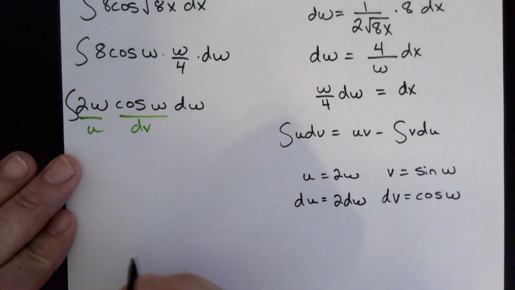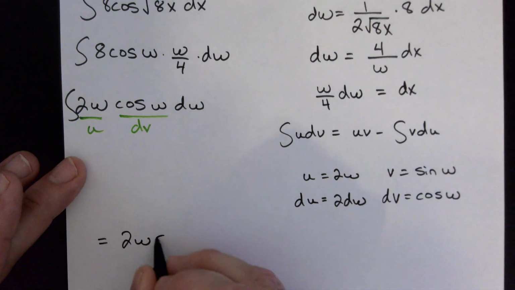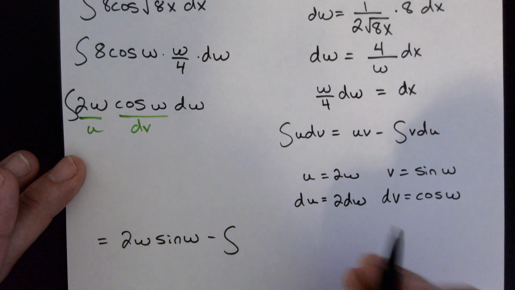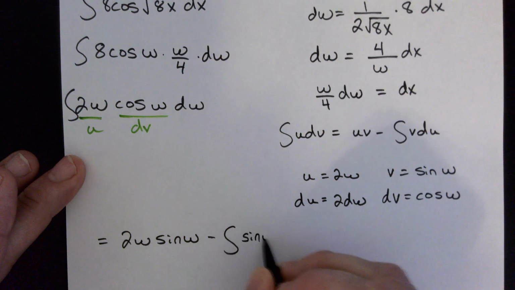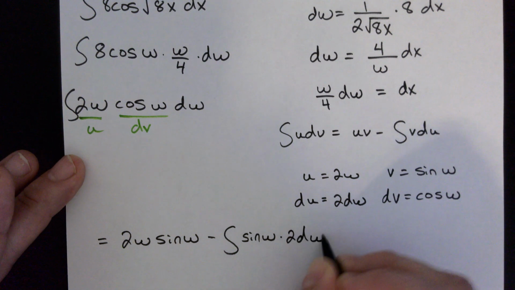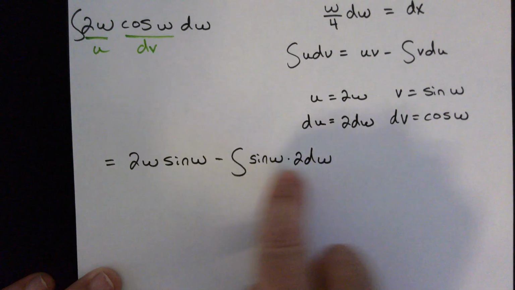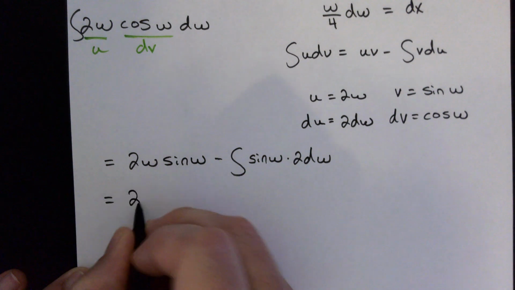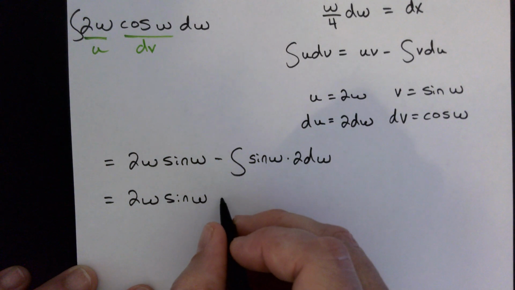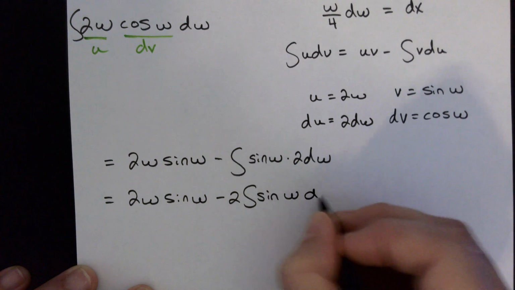Now we write it down in the right place. So uv, u is 2w, v is sine w, minus the integral of v, sine w, times du, which is 2 dw. If I put the 2 back out front and connect the sine w to the dw, it looks like this: 2w sine w minus 2 times the integral of sine w dw.